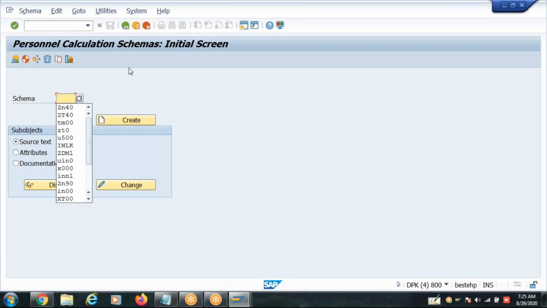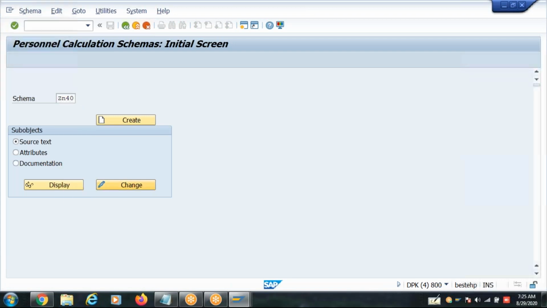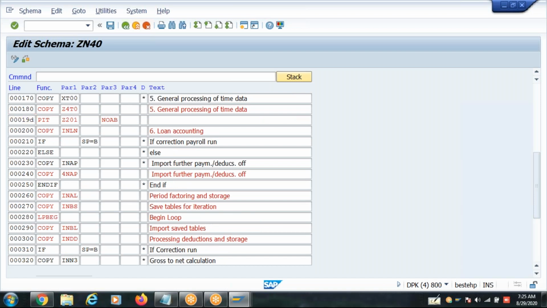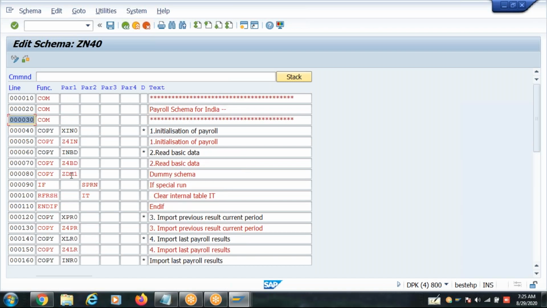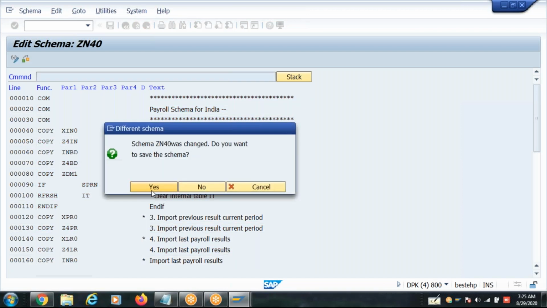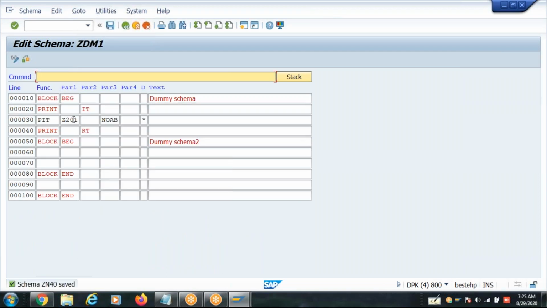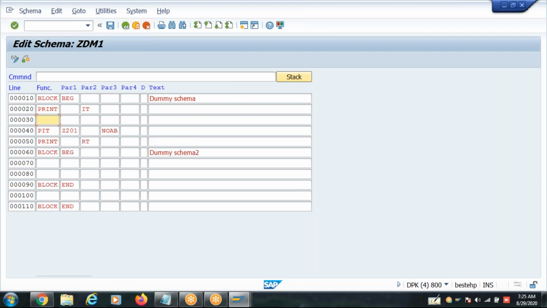See, splits, when you look at the PCR syntactically, syntax wise the PCR is correct, but output is incorrect. So before this PCR, I'm eliminating the split. EIT Z202 OAB.